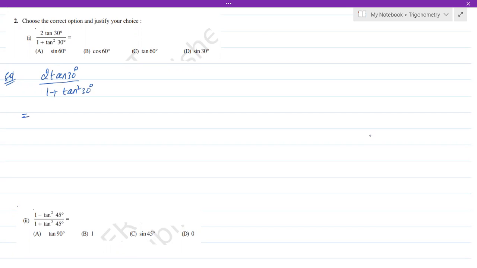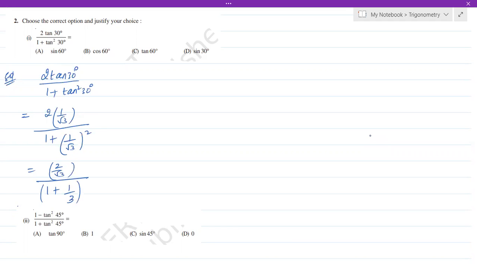So 2 tan 30 is 1 by root 3 divided by 1 plus tan square 30. Tan 30 is 1 by root 3, square it. So it becomes 2 into 1 by root 3 becomes 2 by root 3 divided by 1 plus 1 by root 3 the whole square. 1 square is 1, root 3 square is 3.